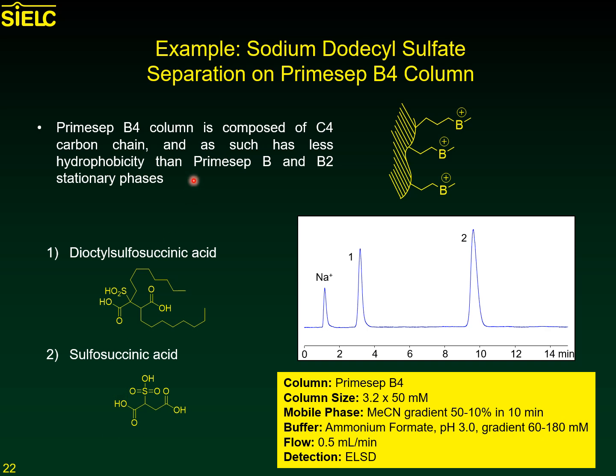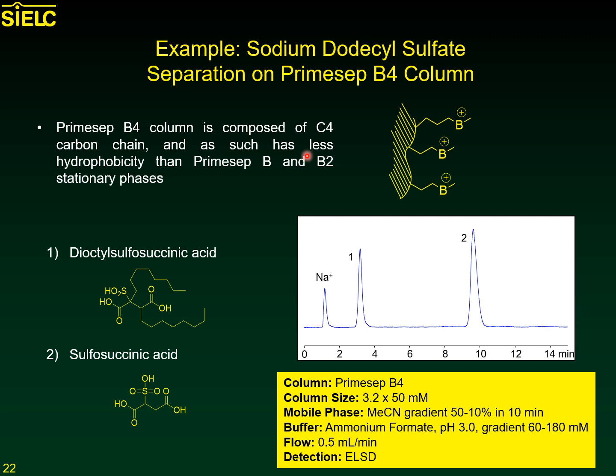In this example, we are going to show the uniqueness of the Primesep B4 column, which is similar to other anion exchange columns, but is composed of a C4 carbon chain, and thus has a different degree of hydrophobic interactions than the Primesep B and B2 stationary phases.